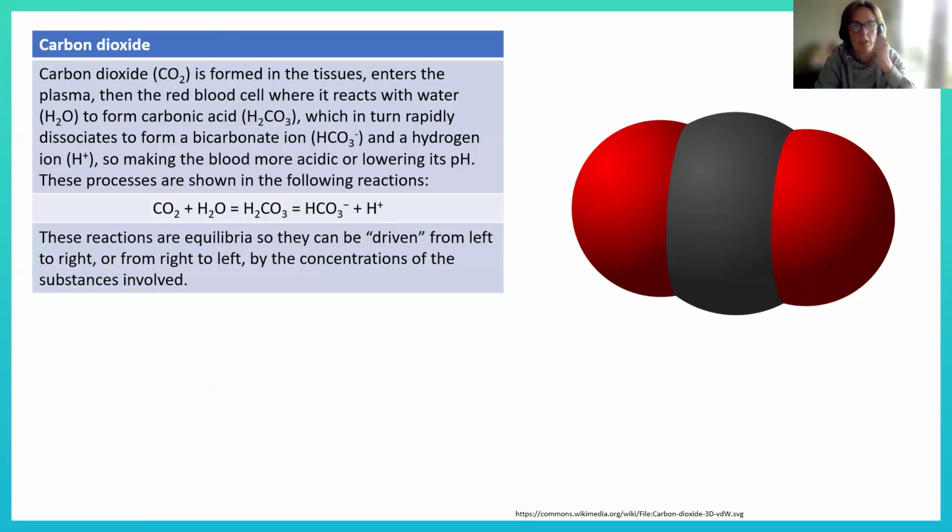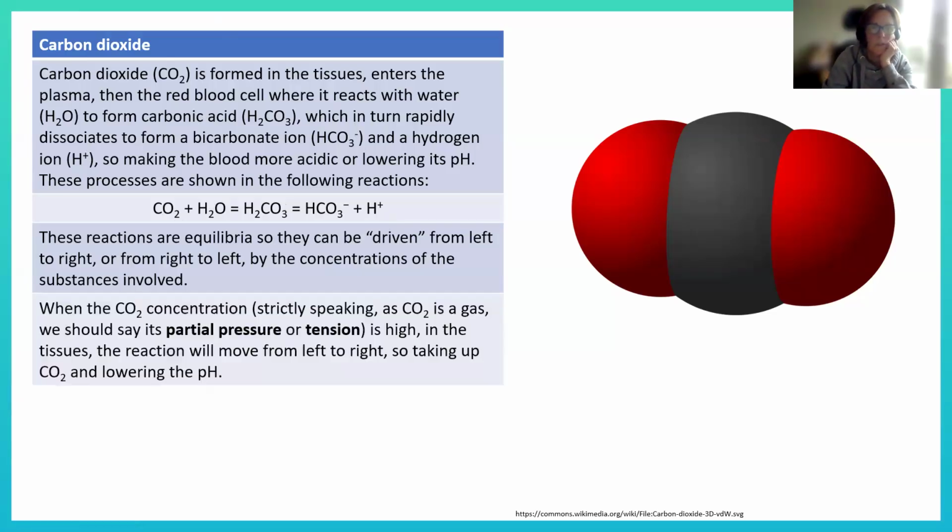This is happening in the tissues when the oxygen's getting used up. So these reactions going from carbon dioxide and water to carbonic acid to these split up versions, the bicarbonate ion and the hydrogen ion, they're in equilibria, so they can be shifted by the concentrations of the reactants, from left to right, if you see what I mean.